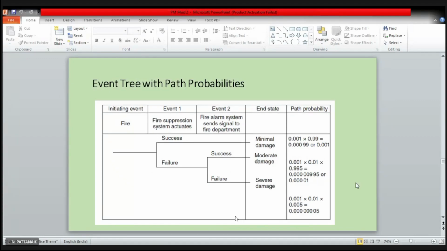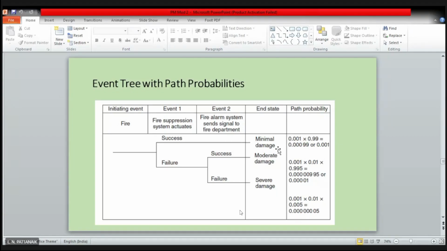Now the event tree with the path probabilities. Let us see what the complete path probability is. Here it is not a single event that you will multiply with the probability; there are multiple events happening simultaneously. As you can see, when it is branching out, what is the probability that there will be minimal damage?